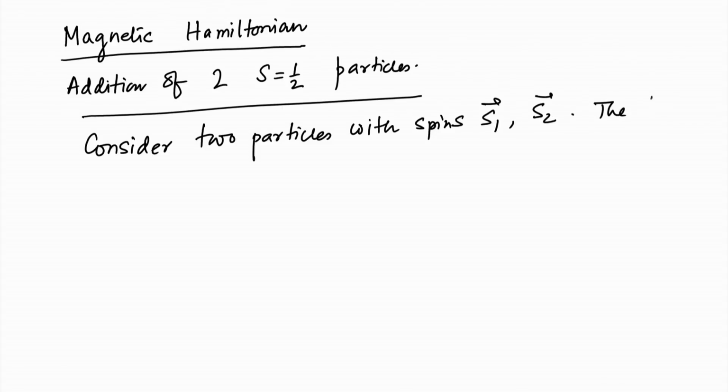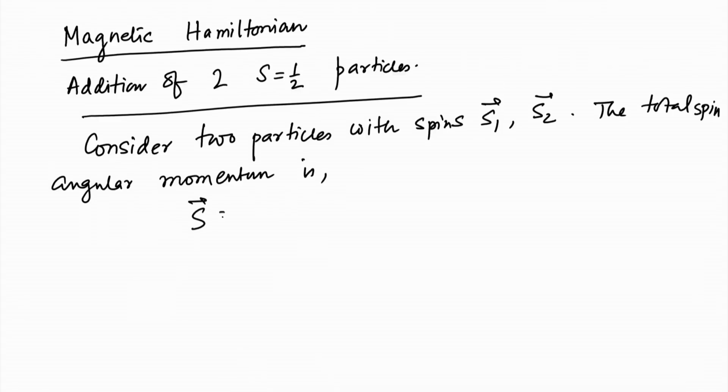The total angular momentum, what I mean is the total spin angular momentum, is S equal to S1 plus S2, where S1 and S2 are the spin vectors for the two particles that we are considering. Just to remind you, both are spin half.